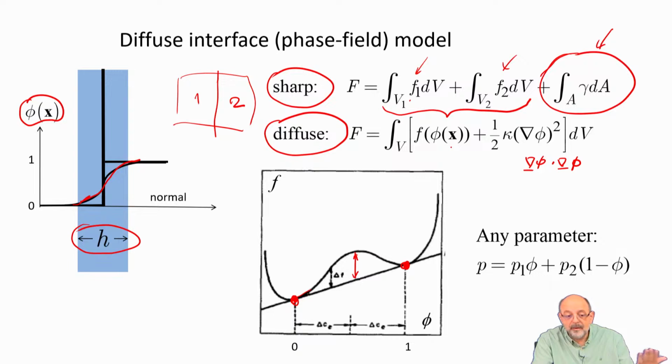It will integrate the constant value f1 on the left and the constant value f2 on the right. Whatever parameters I have, modulus of elasticity, diffusivity, anything that is a material parameter can be interpolated, so that it takes value 1 when phi is 1 and value 2 when phi is 0. Simple linear interpolation.